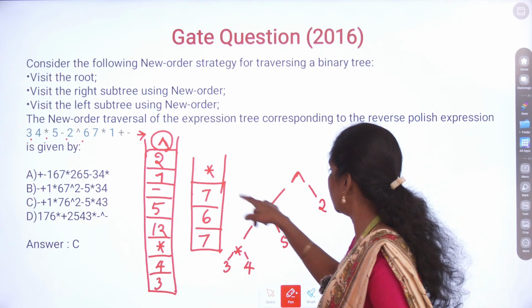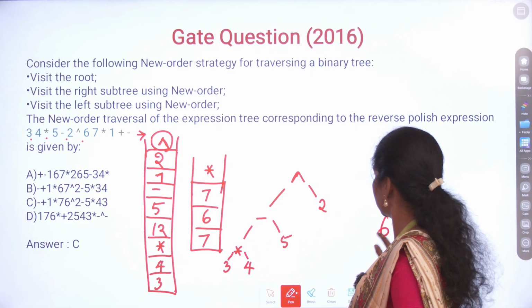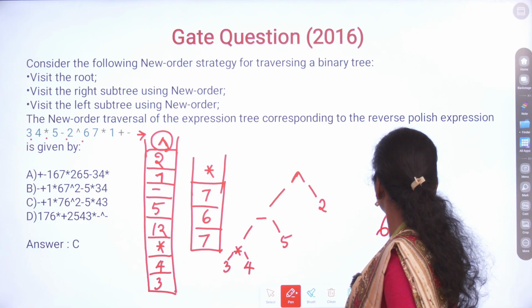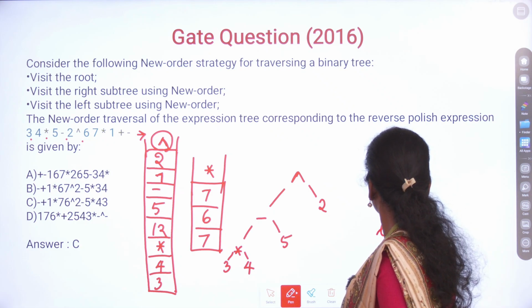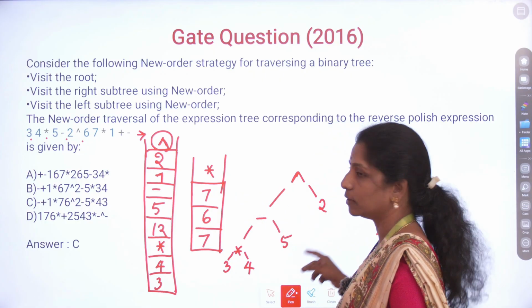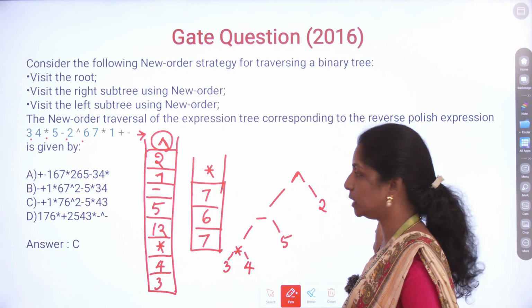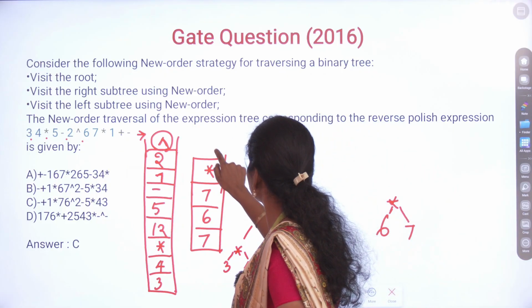So that does not match with this tree. So we are going to draw a separate tree here. So 6 and 7 got multiplied. So for this we just draw the tree here, and after that we are going to push value 1.